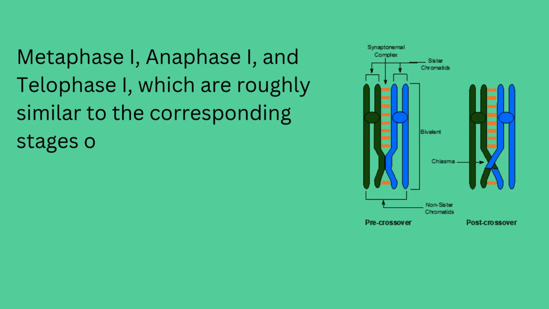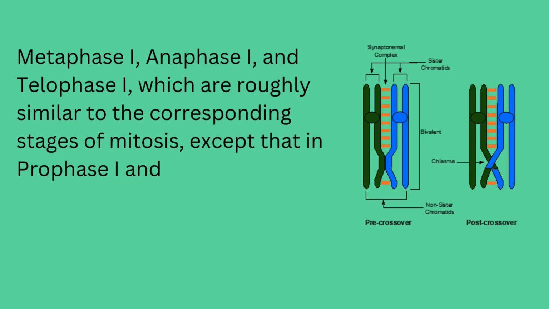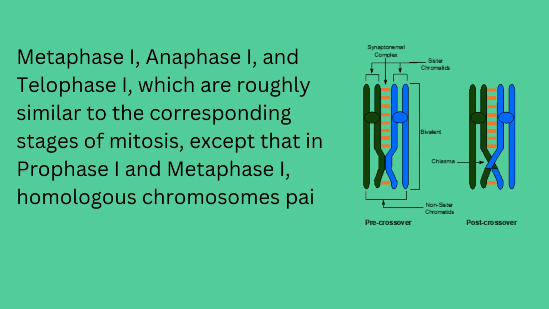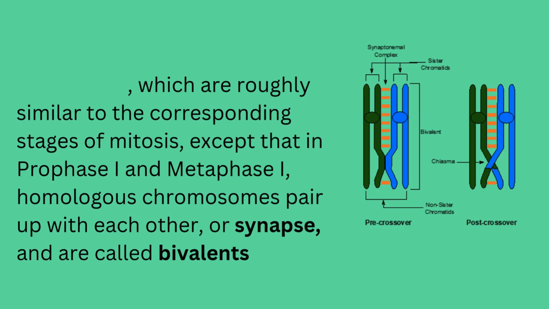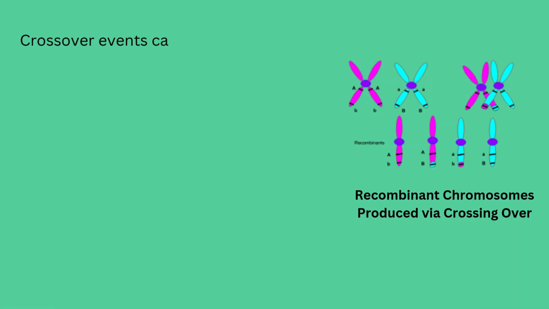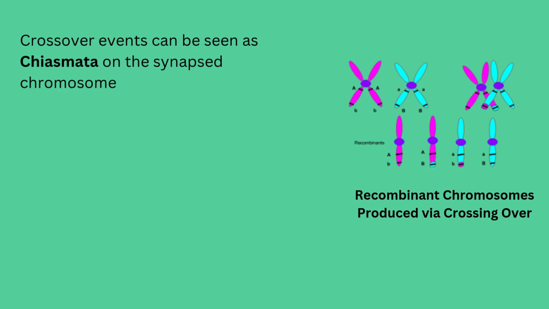except that in prophase 1 and metaphase 1, the homologous chromosomes pair with each other, or synapse, and are called bivalent. Crossover events can be seen as chiasmata on the synapsed chromosomes in late meiosis 1.